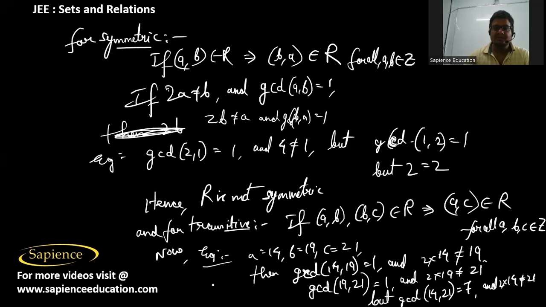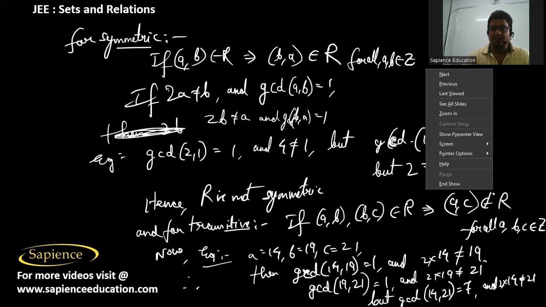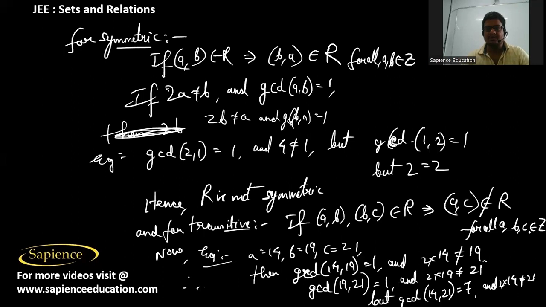So it means that (a, c) will not belong to R for all a, b, c belongs to Z. So R is not transitive. The relation R is not transitive.